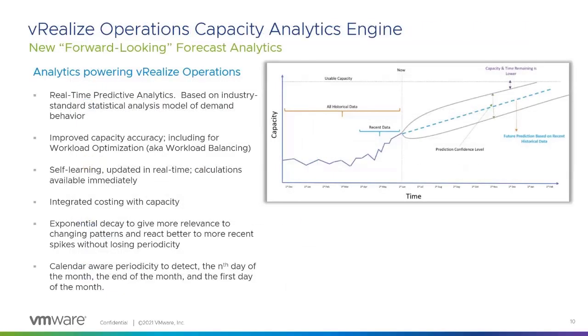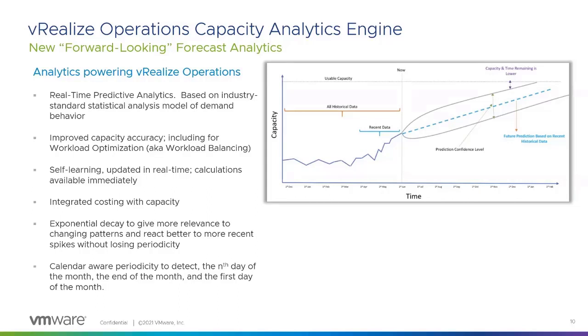So now we'll dive in and talk a little bit about how some of this works and how we get to some of these capabilities. To start off, we have this forward-looking analytics engine in vRealize Operations that is responsible for doing all of these projections. It takes the historical utilization of the virtual machine.